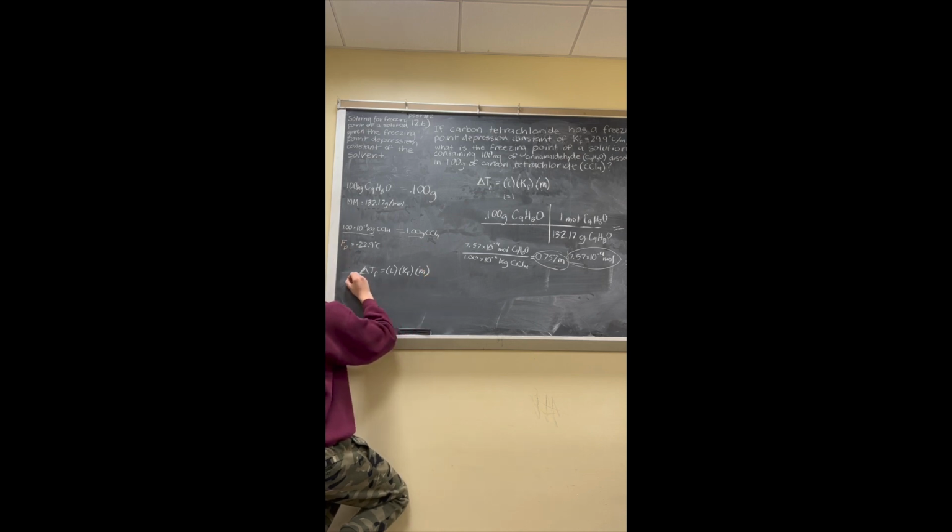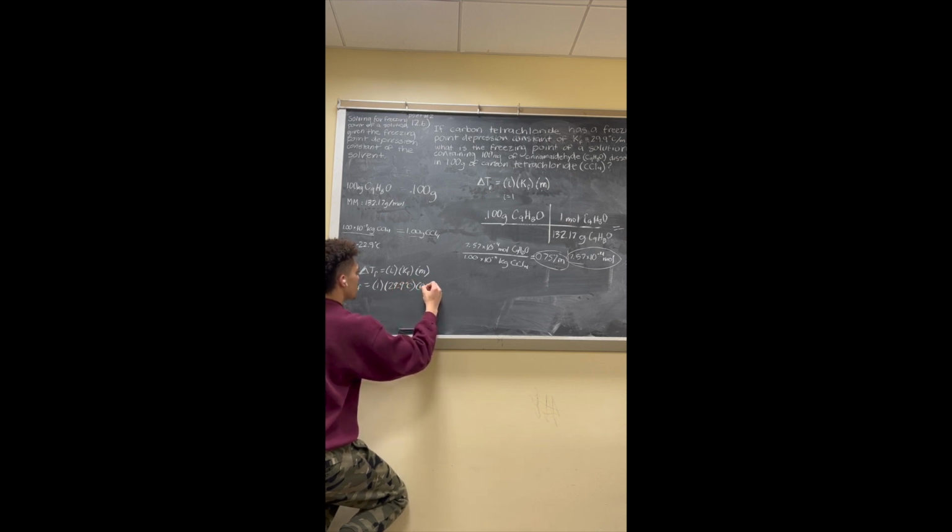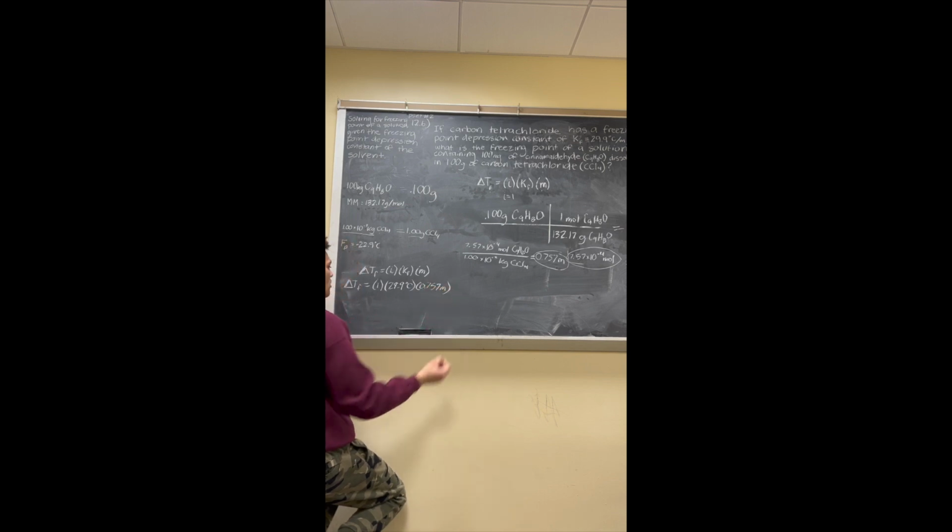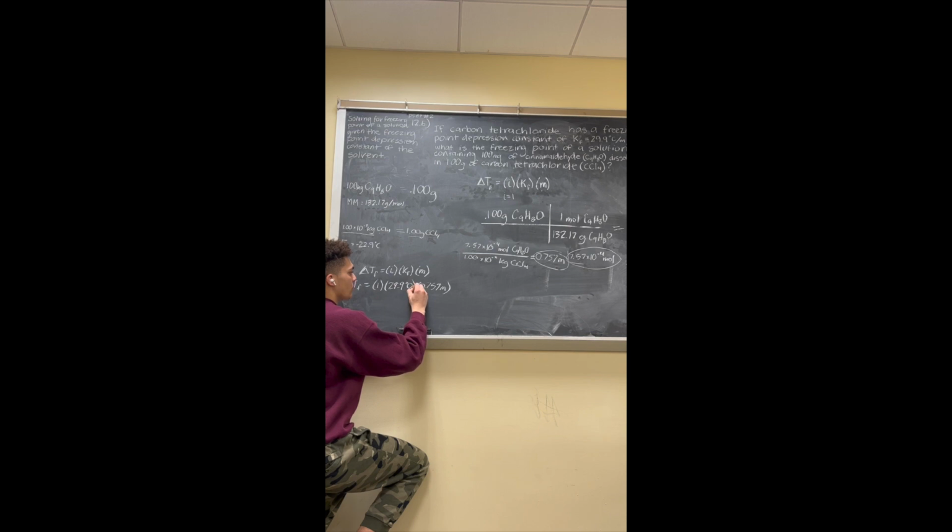So then that gives us delta Tf equals 1 times 29.9 degrees Celsius per molal times 0.757 molal.